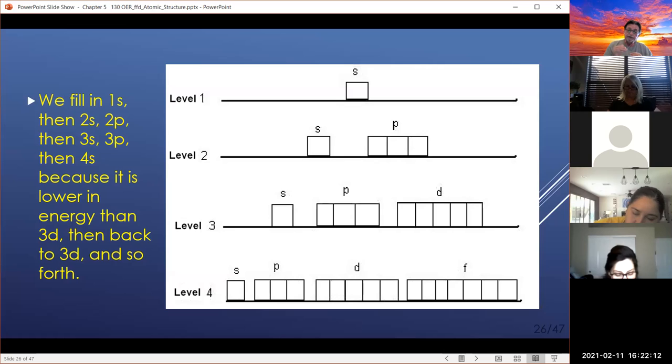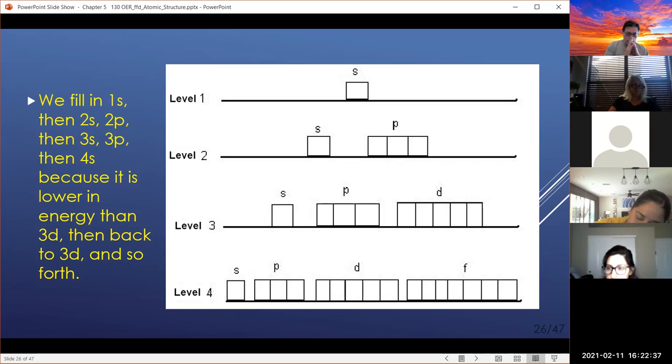There are 5 D orbits, and hence 5 boxes there. Now, in the fourth energy level, which is where we're going to stop, I want to show you that we introduce the fourth orbit, the F, and there are 7 F orbits, okay?